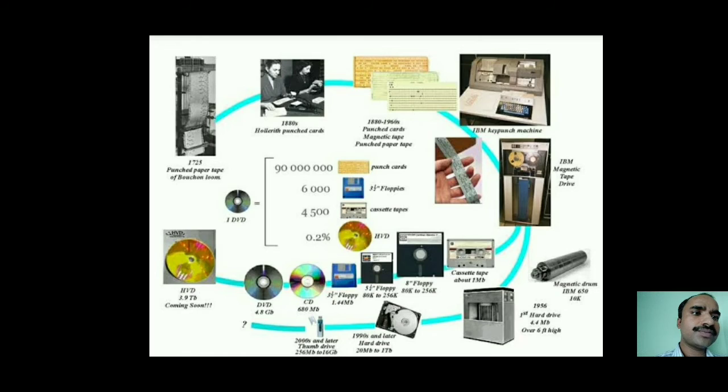Further it was transferred to the IBM key punch machine, which stores the data. Then the IBM magnetic tape drive, meaning magnetic tapes used for storage purposes. And then the magnetic drum, then hard drive, then hard disk. So various secondary storage devices are there.